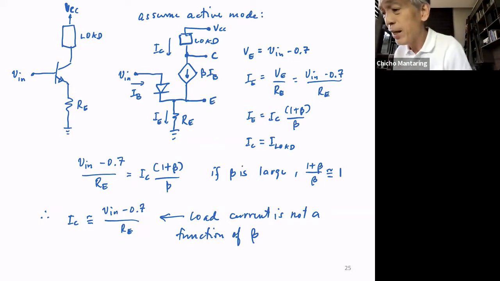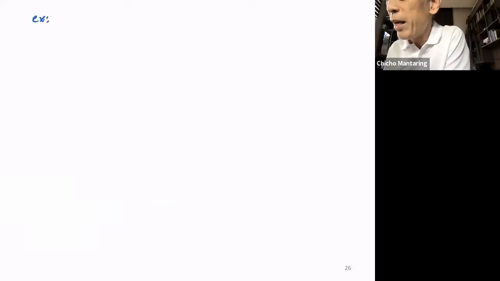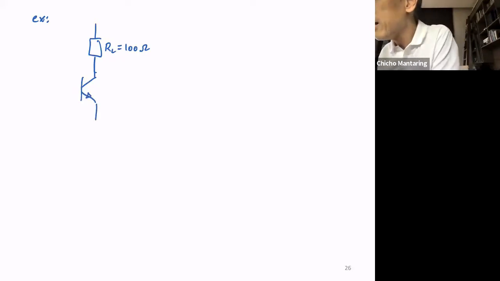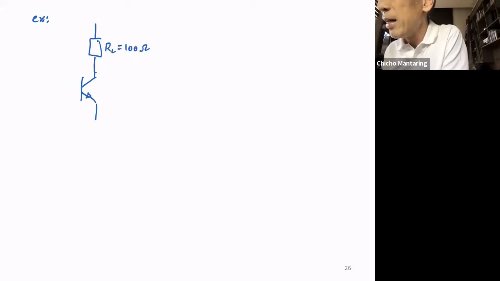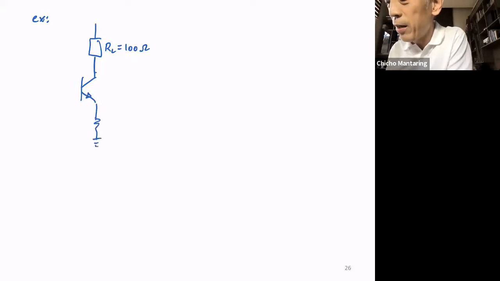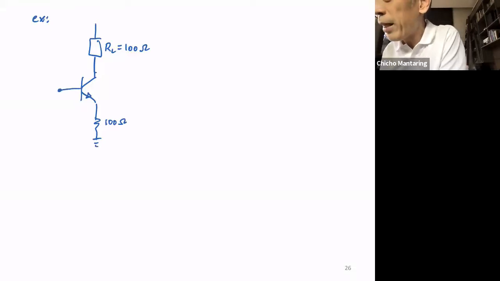Okay, but remember, you always have to do the check to see whether it is saturated or not. So let's put some actual numbers just so we can illustrate the process. So let's take an example. Okay, in my example, let's say RL is equal to, and these are just numbers that I'm putting in, ano? And let's say RE is also equal to 100. And let's assume that beta is equal to 100.